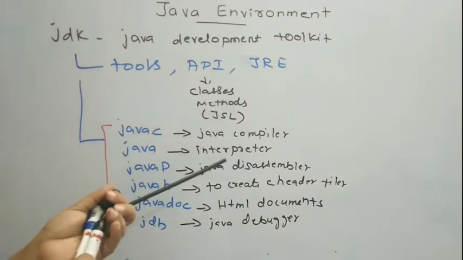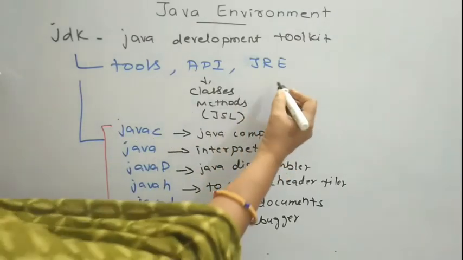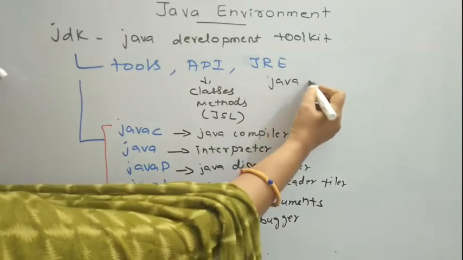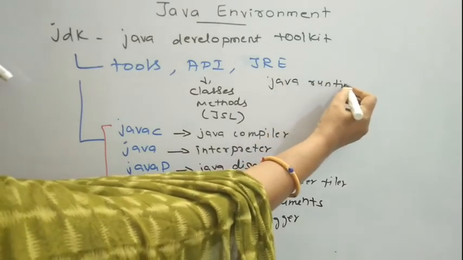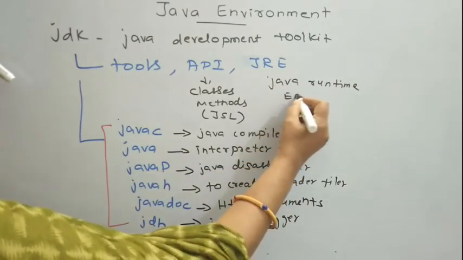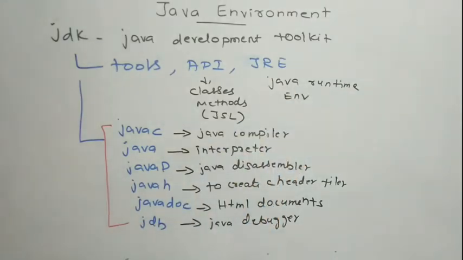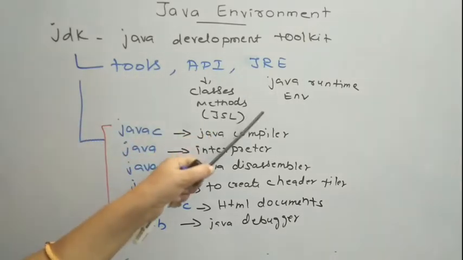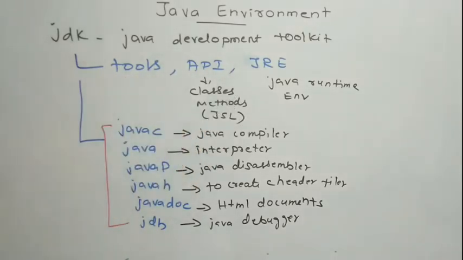The last one is the Java runtime environment. The Java runtime environment is used to execute our Java program. Basically, the JDK software development environment contains tools, API and Java runtime environment.